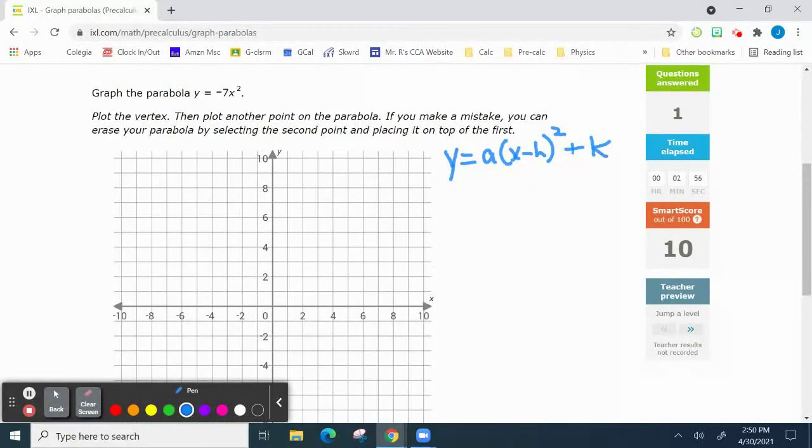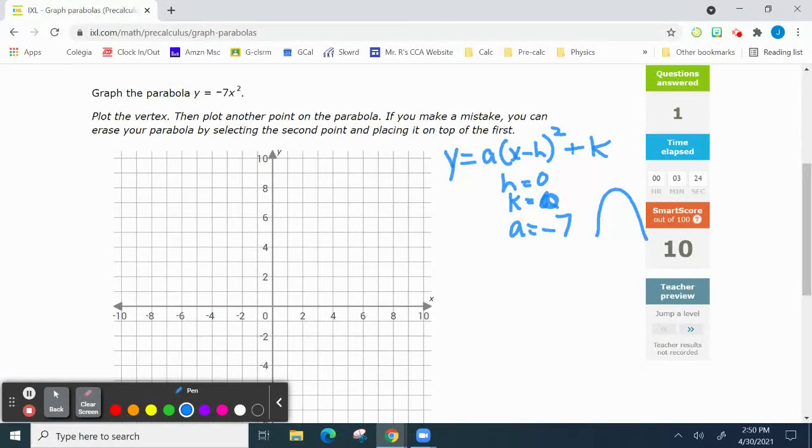So we have h equals 0 and k equals 0. And a equals negative 7, which means it's a y equals x form, so it's up and down, and it's negative a, so it's going to go down, right?